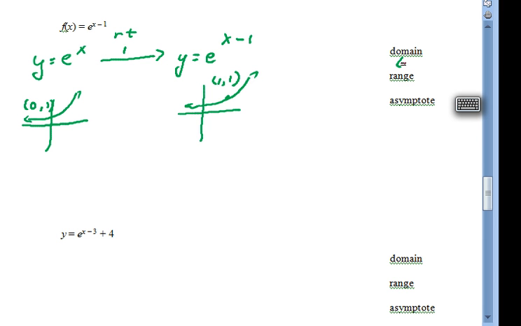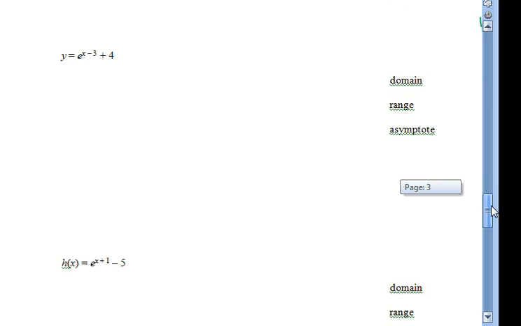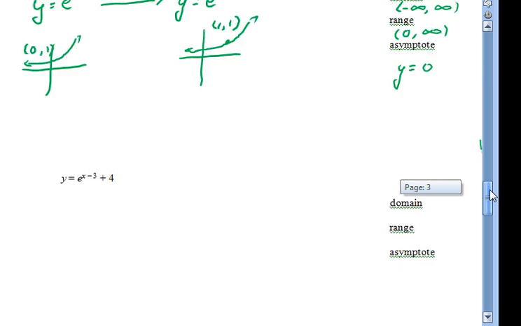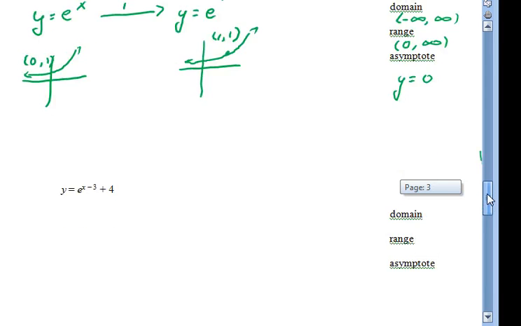So the domain is negative infinity to infinity. The range is 0 to infinity, not including the 0. The horizontal asymptote is still y equals 0. It's not changed when we reflect across the y-axis, or when we move right or left.